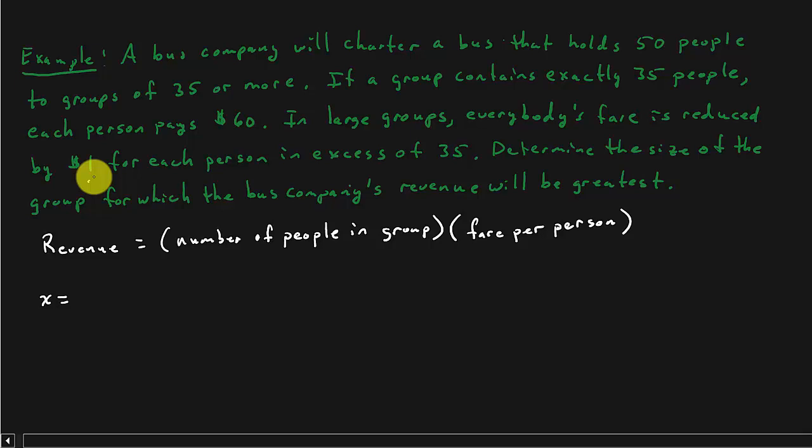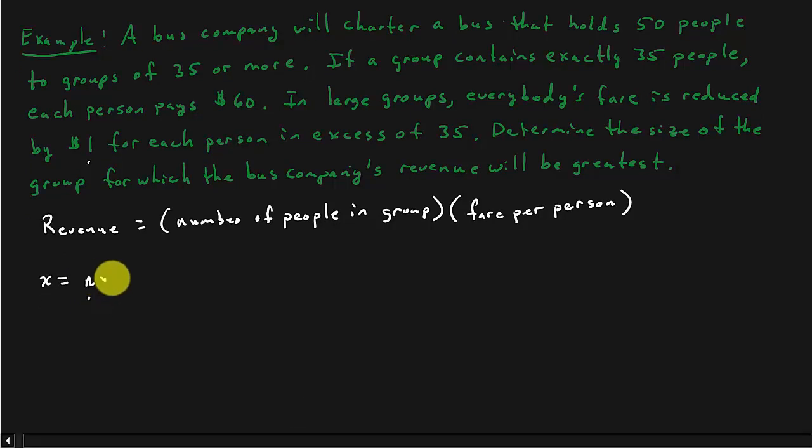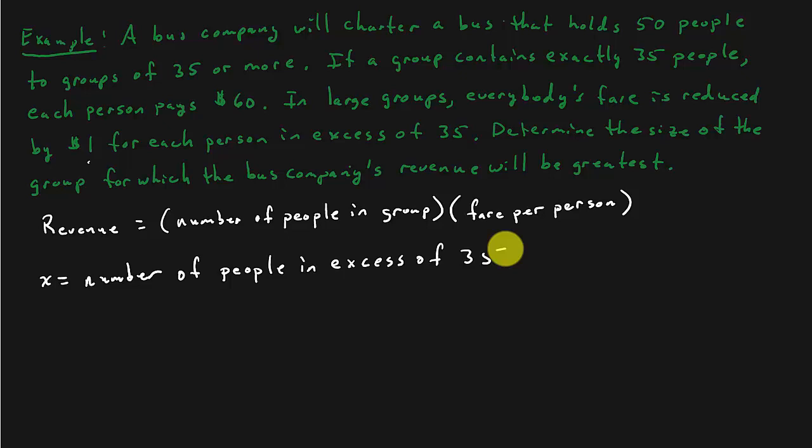So don't you think it would make sense to let x equal the number of people in excess of 35? Let x represent, okay, is it one person over 35, two people over 35? We'll let x equal that.